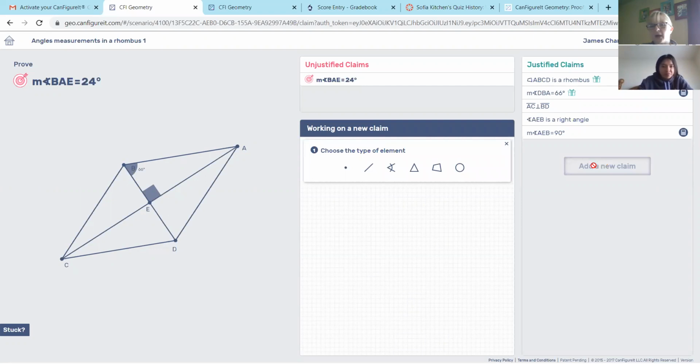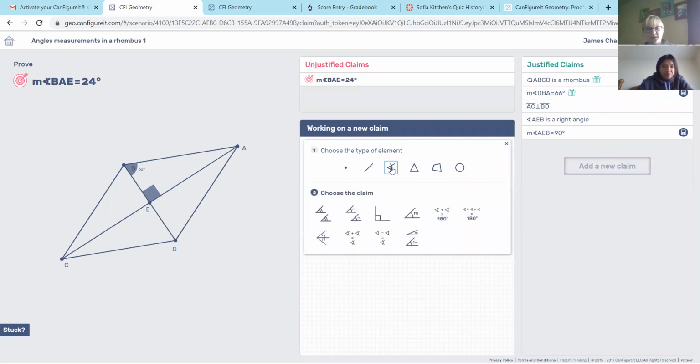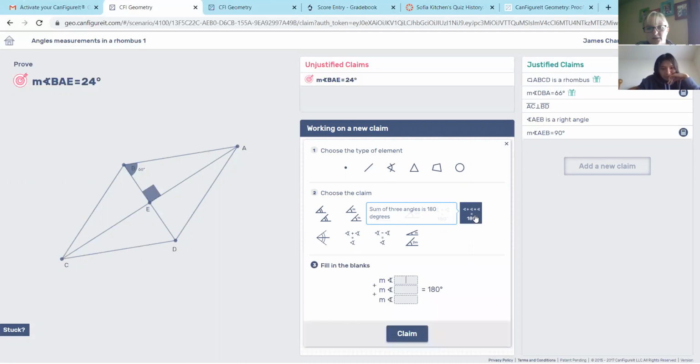My claim is about angles, so I'm going to click on angle. Do you see anything in there where there's 3 angles that add up to 180? Very last one, let me see. Yeah, do you see that? So, sum of 3 angles is 180 degrees.